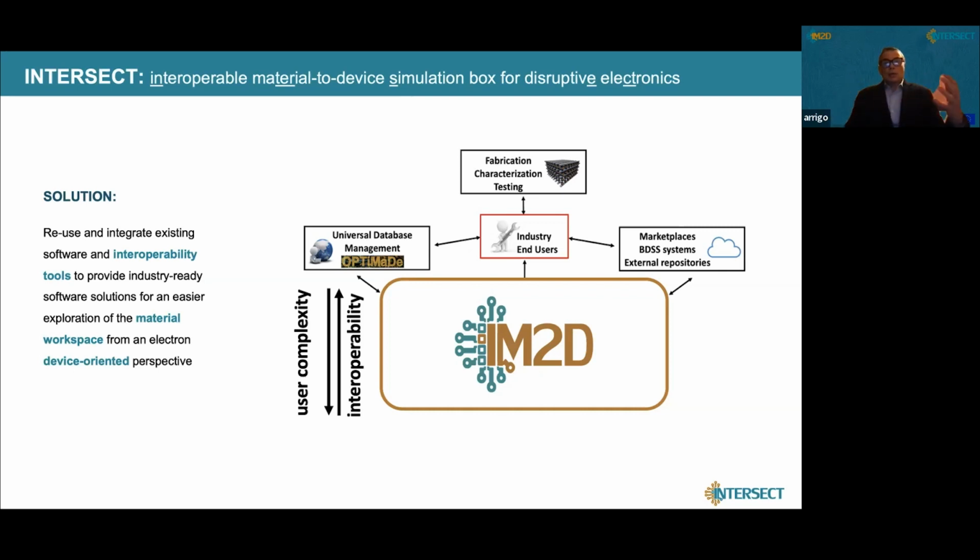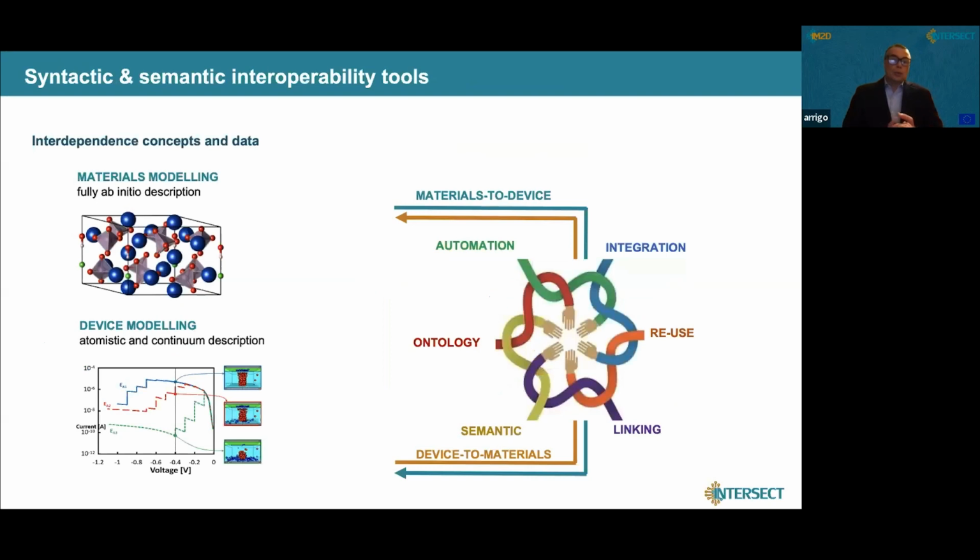The idea is to put together the field of quantum mechanical atomistic material science on one end, and advanced device modeling on the other end, to have something that is able to explore the material workspace, having in mind also industries as final users of this IM2D code. How do we do that?